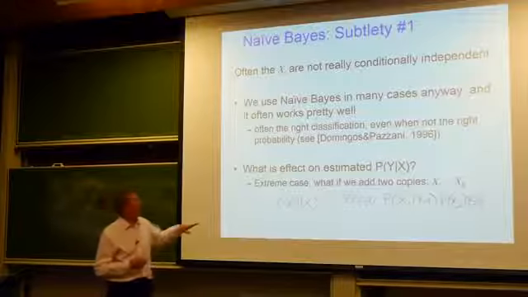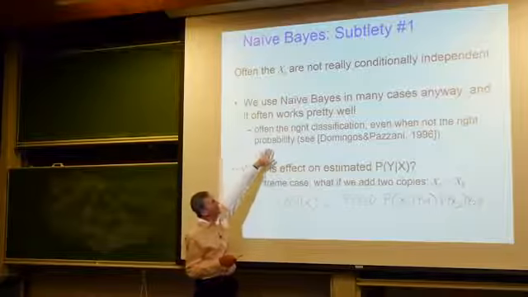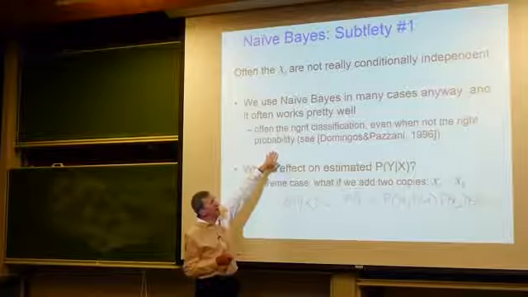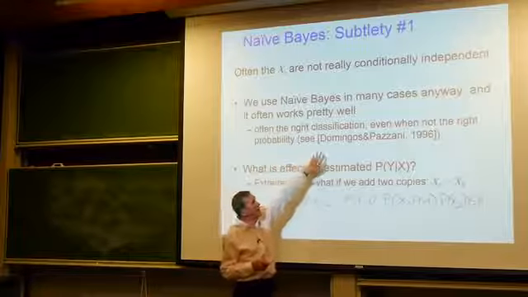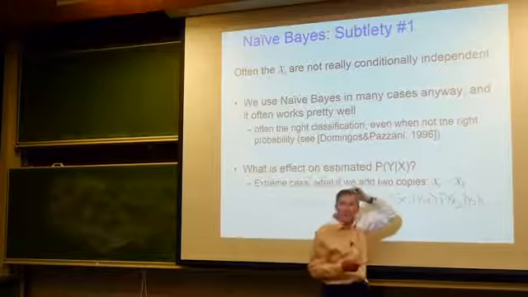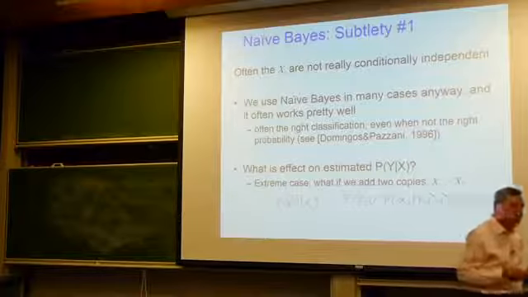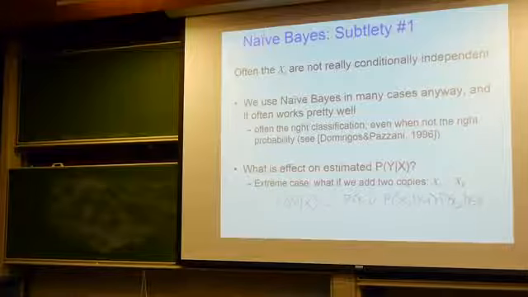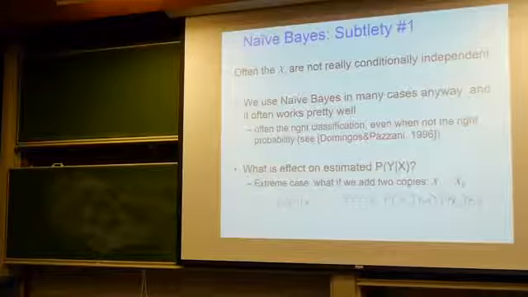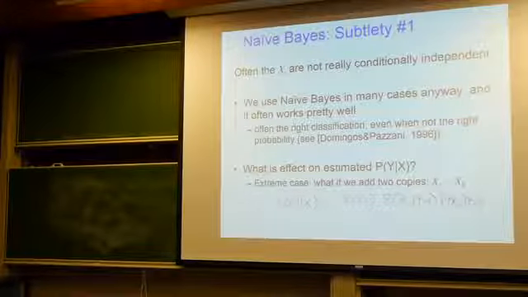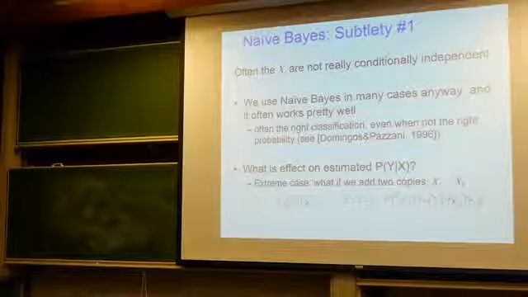And despite that, we often get reasonable classifications. In fact, there's an interesting paper by Pedro Domingos and Mike Pazzani some years ago pointing out that the reason we can often get good classifications is that if the conditional independence assumption is violated, it might give us incorrect probabilities.